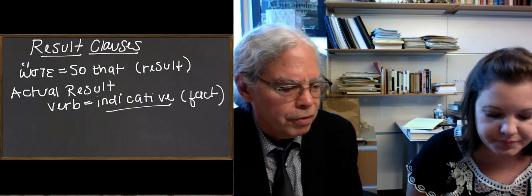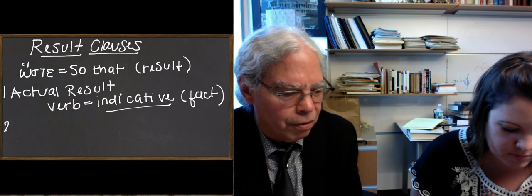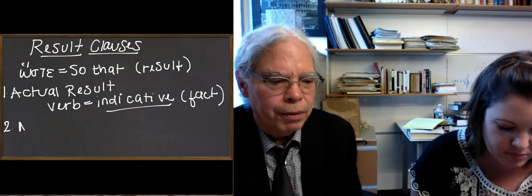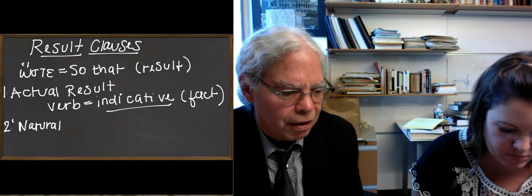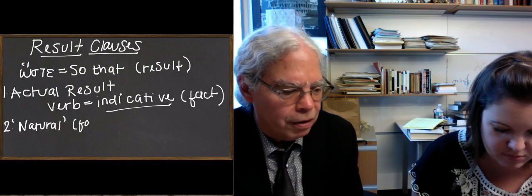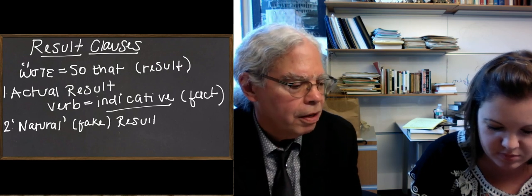What happens when you want to say, I was so hungry that I could eat a horse or a bear? Well, from a Greek point of view, that's not reality. That's faking. And what you do is not indicative, but the opposite of the indicative, which once again is the infinitive.